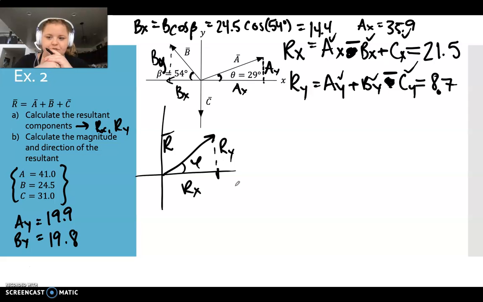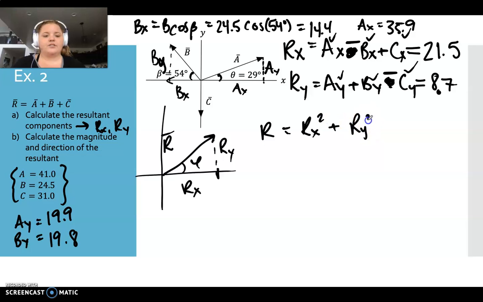All right, so let's go back to our discussion of calculating the magnitude and direction of that resultant. So now we have both the components, but we need to somehow put these together. So what we'll do is say r squared equals r sub x squared plus r sub y squared.